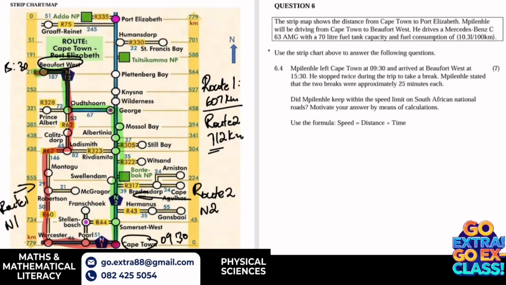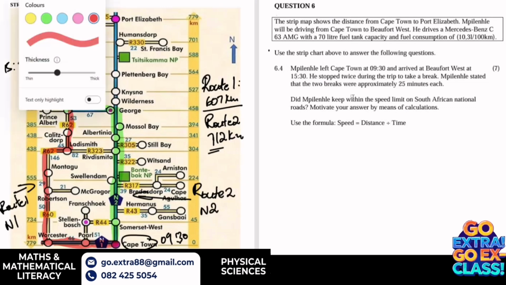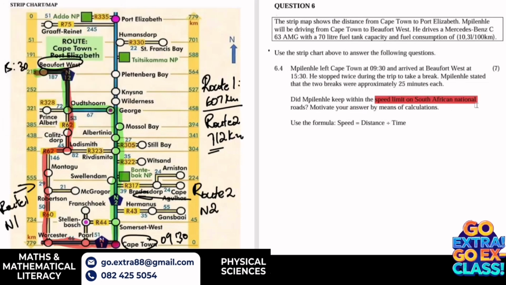I'm going to write it here. The speed limit on national road, we know, is supposed to be 120 kilometers per hour. Yeah, 120 kilometers per hour.